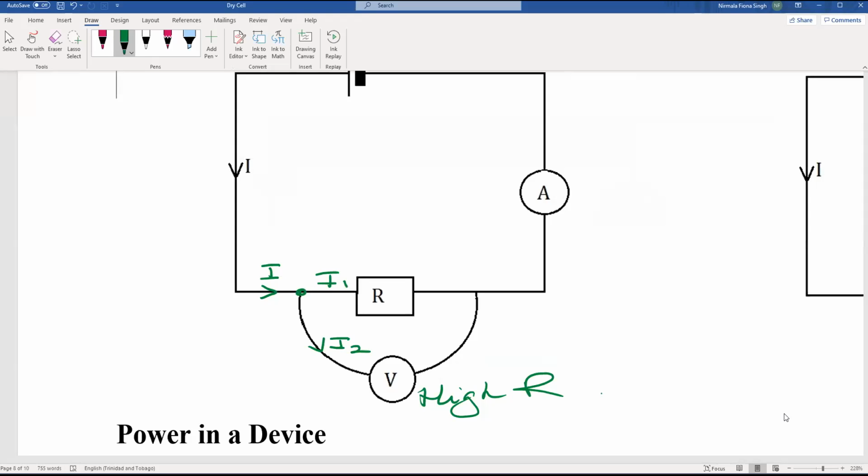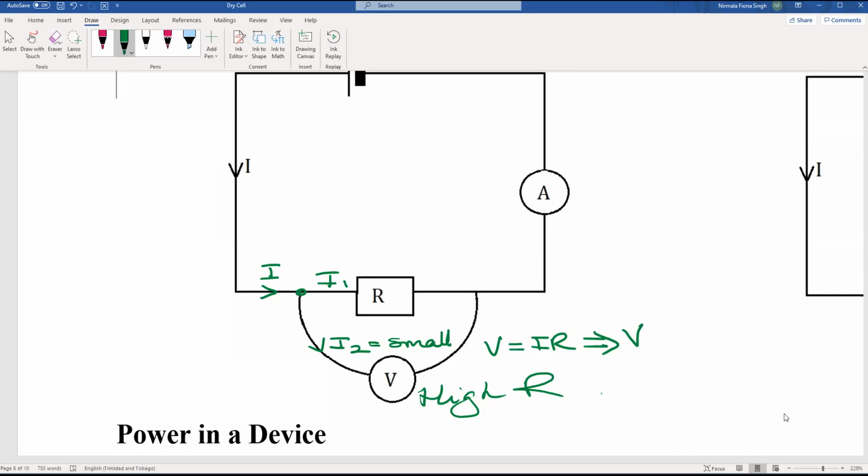Yes, miss. Good. Now, because R is so large, that means I2 is going to be small. It's going to be so small that when you multiply V equals I times R, you are going to get nearly the pure V value.